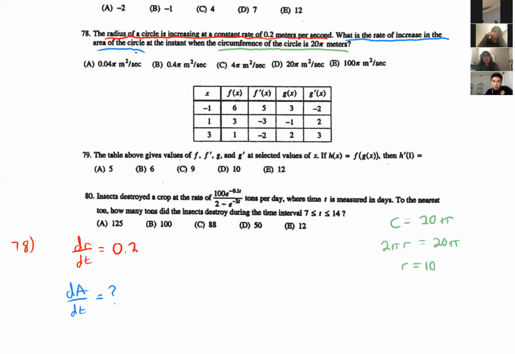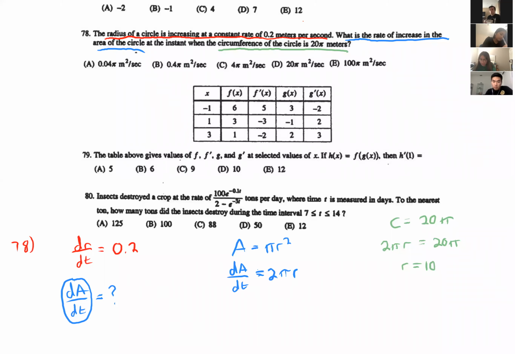Okay, so the area of a circle is pi r squared. So I'm going to take the derivative of both sides because I'm trying to find dA over dt. So I'm taking it on both sides with respect to time. So I'm going to say dA over dt. And isn't this cool? If you take the derivative of the area of a circle, you get the circumference of a circle. Hopefully that just blew your mind.